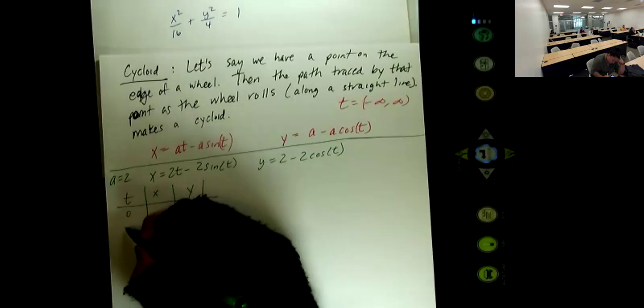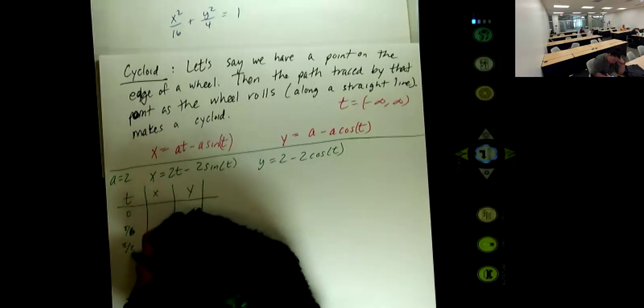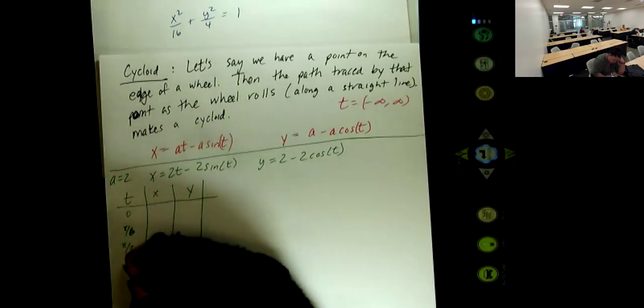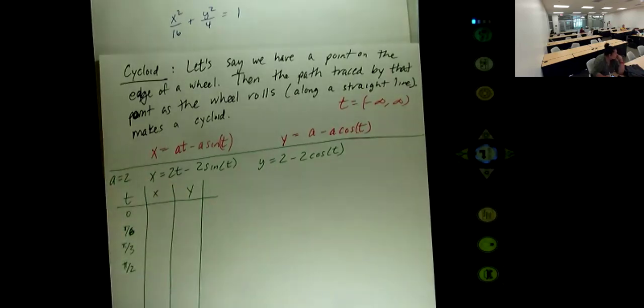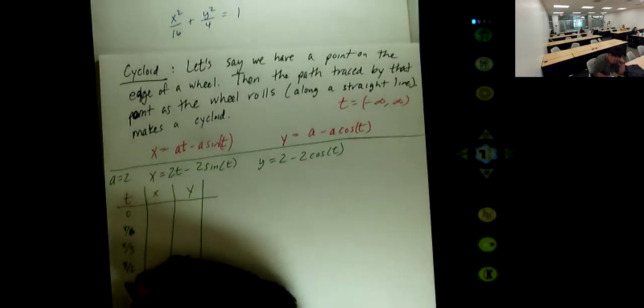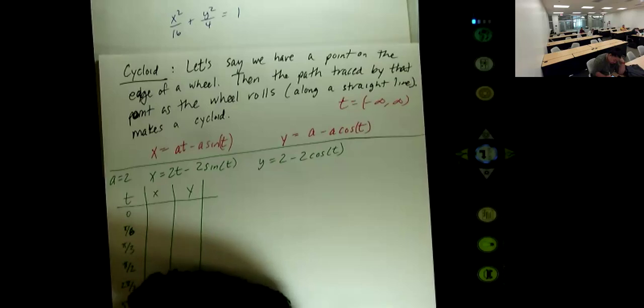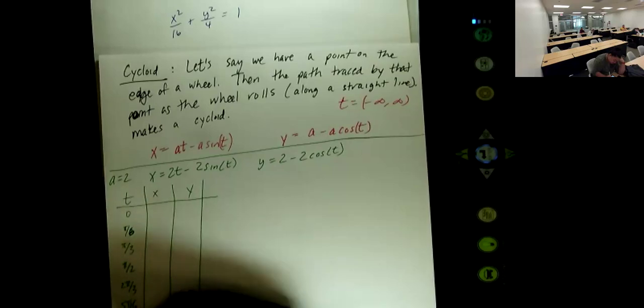I'm going to do 0, pi over 6, let's do them in order, pi over 3, we'll skip pi over 4, pi over 2, then 2 pi over 3, 5 pi over 6, pi.